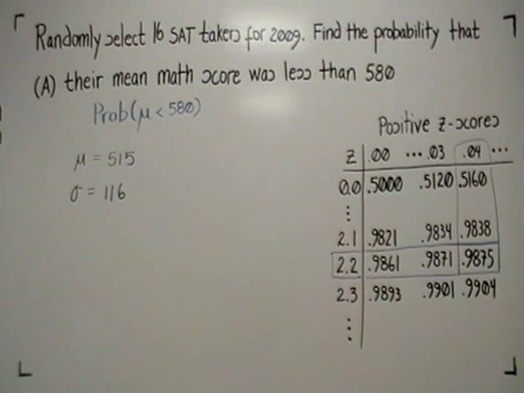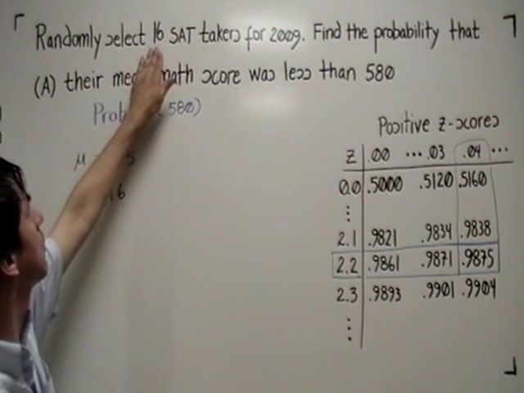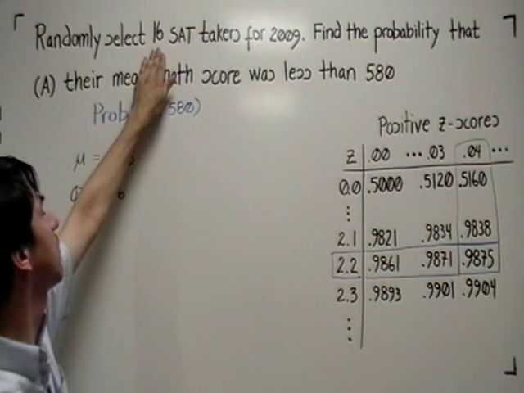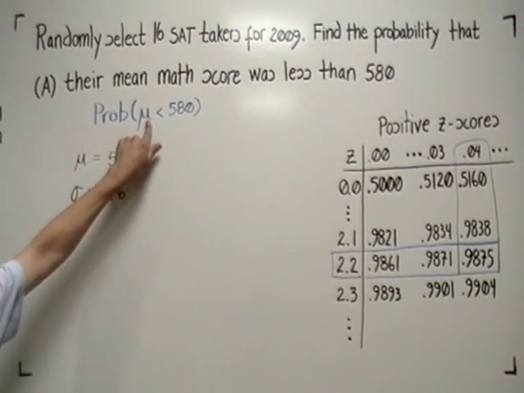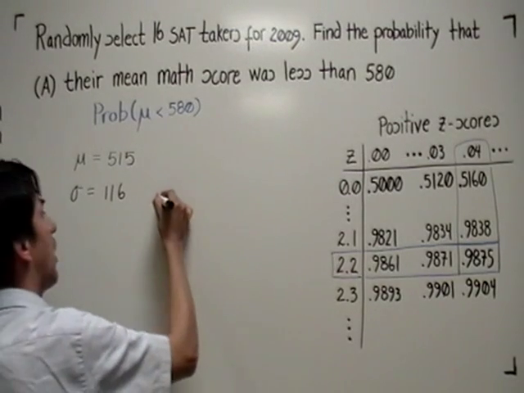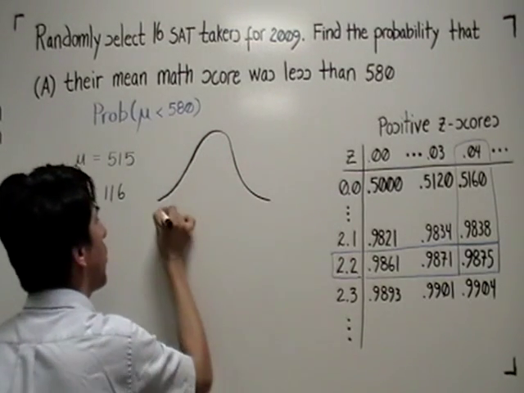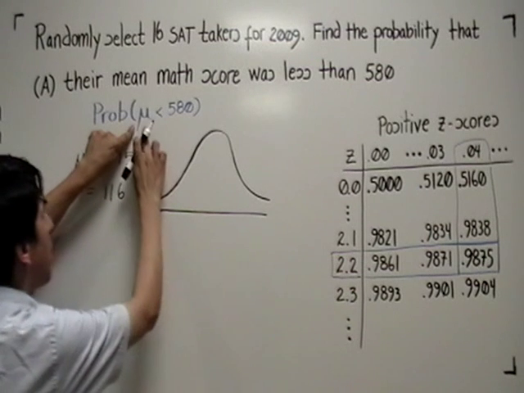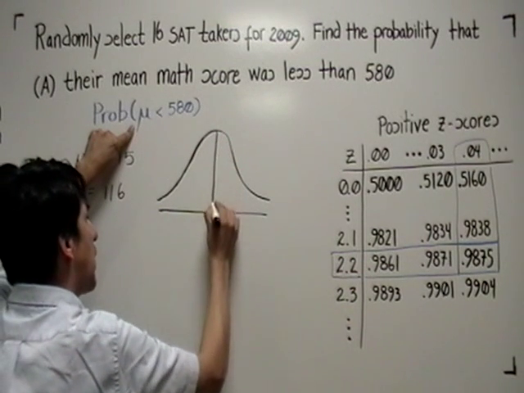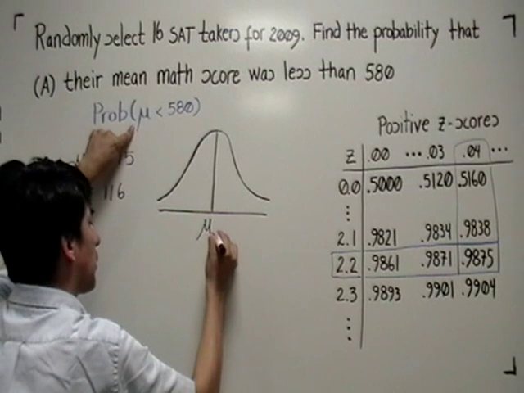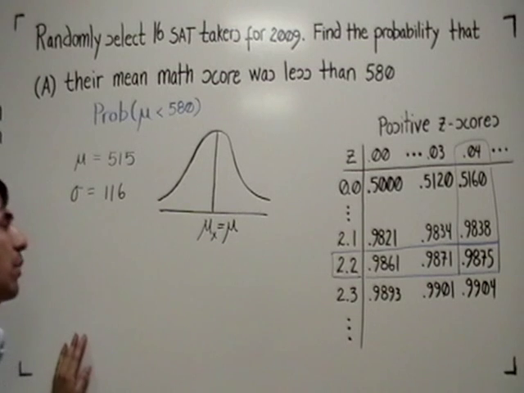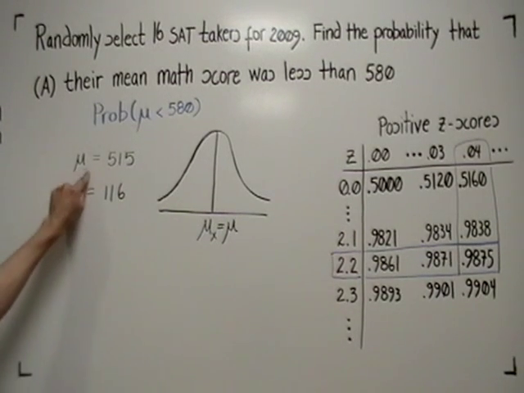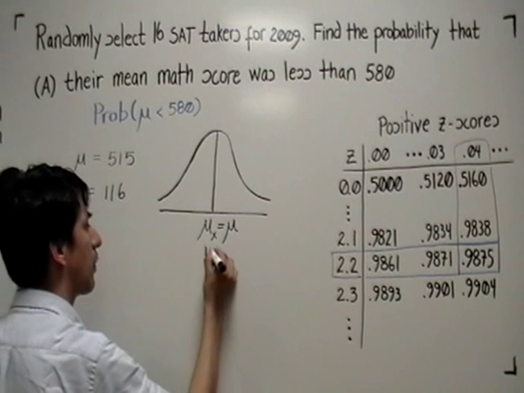So the means of these samples of size 16 will be normally distributed. So you have a normal distribution for this variable x-bar. Its mean is mu x-bar, which by the central limit theorem just equals the mean of the original distribution, which is 515.